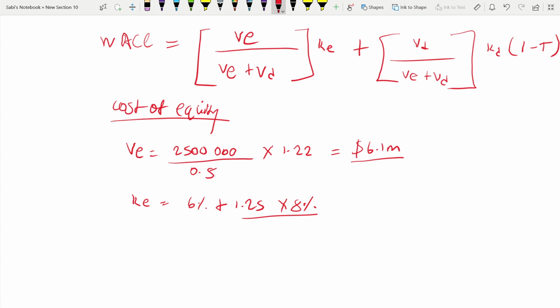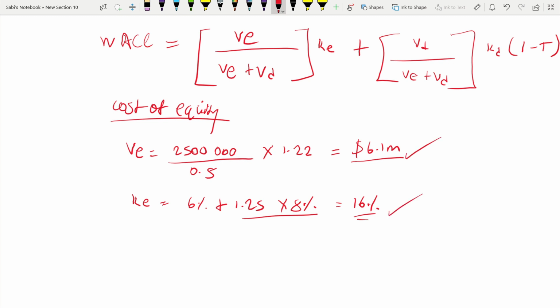Please apply BODMAS. 1.25 into 8 plus 6 shall give you 16%. So you have this on your checklist.